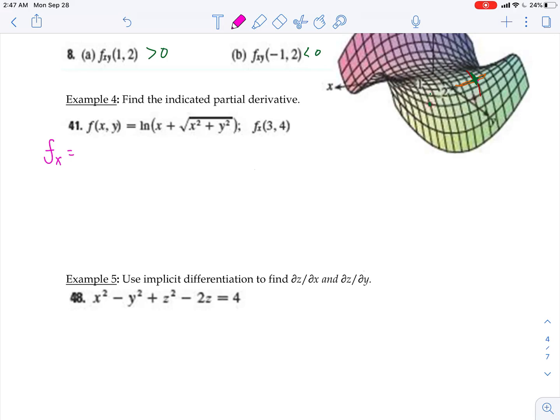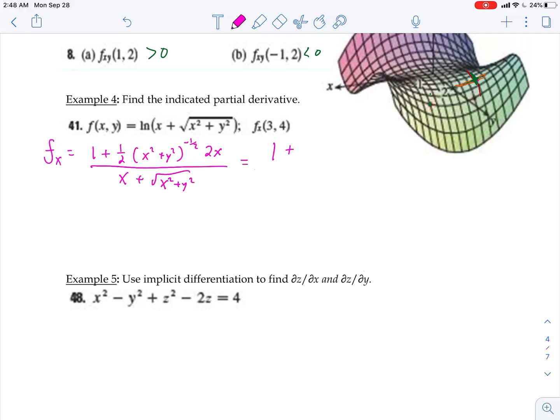So the first thing I'm going to do is take the partial derivative with respect to x. The derivative of the inside is going to be 1 plus 1/2 (x squared plus y squared) to the negative 1/2, times the derivative of x squared, which is 2x, all over x plus the square root of x squared plus y squared.